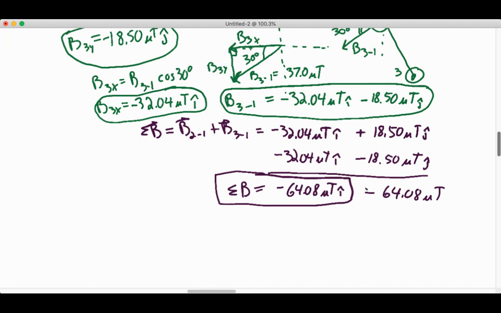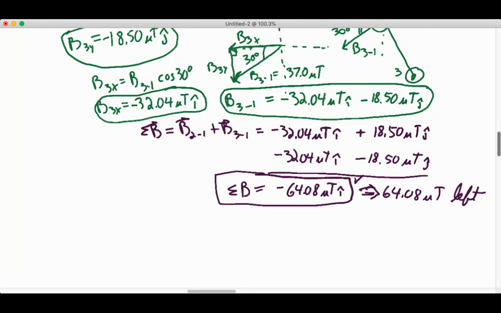Let me make this an arrow. So this is really equal to, that's the worst arrow I've ever drawn. Okay. So this is equal to 64.08 microtesla left. All right. So that was a lot of work for just part A. Hopefully part B will go a little bit quicker.